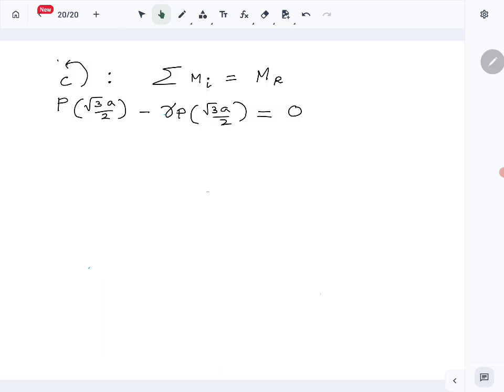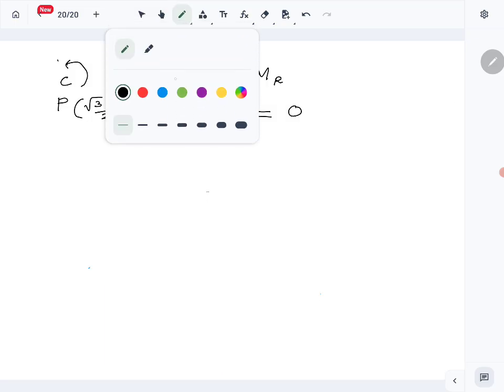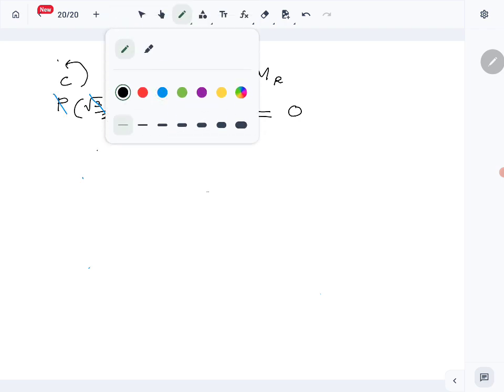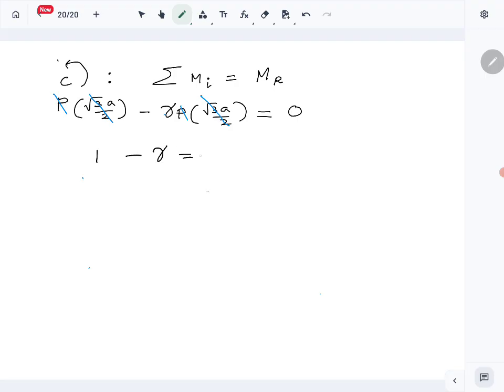Then we can solve this equation to get the value of gamma. Root 3A over 2 is common, cancel that. P is common, cancel that. So what is left? 1 minus gamma equals 0, or gamma equals 1. So we have the gamma value.